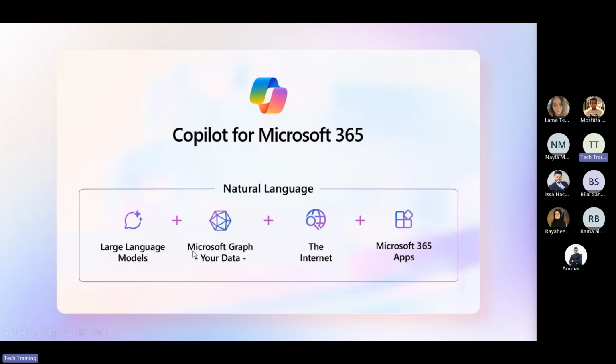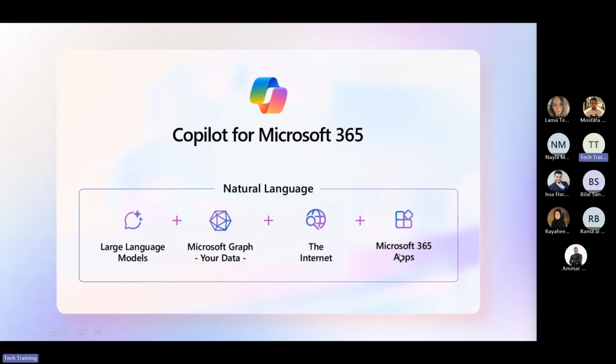The Microsoft Graph is the container that contains all the information you use, like the Excel files, the PowerPoint, the emails, everything related to that. So Copilot now has access to the large language model, which is the ChatGPT. It has also access to Microsoft Graph, which means access to your data, and it also has access to the internet.